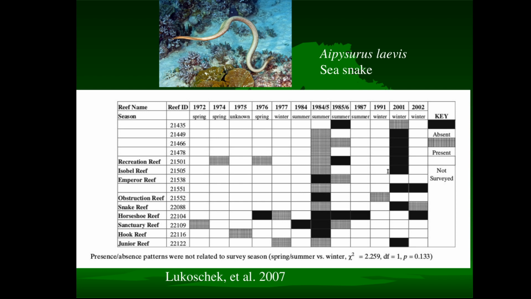Neither was protected status of any reef. Some reefs were protected and some were not. So we've got absent and present reefs here. Absent meaning black, and present meaning showing this hatched pattern. So there's no evidence of extinction debt. The present reefs seem to be, within the data that they have, relatively constant.